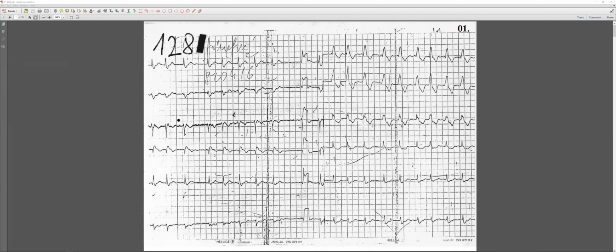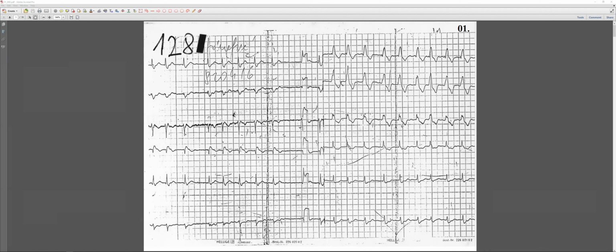Could you tell me which are AVR, AVL, AVF? Okay, one, two, three, then AVR, AVL, AVF. If AVF is negative, so it's left deviation, but we can also see that lead two is also negative. So this will be an extreme left deviation.